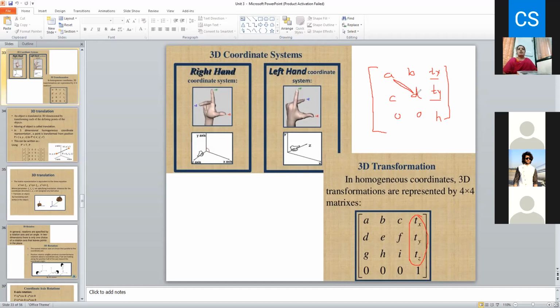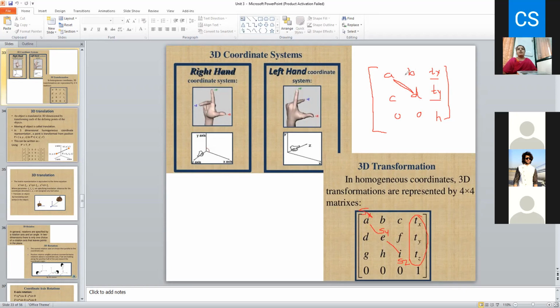Similarly here also, A, E and I are the 3 scaling factors. A is nothing but Sx, E is nothing but Sy, and I is nothing but Sz, the scaling factor along Z. So Sx, Sy and Sz in the case of 3 dimensions.